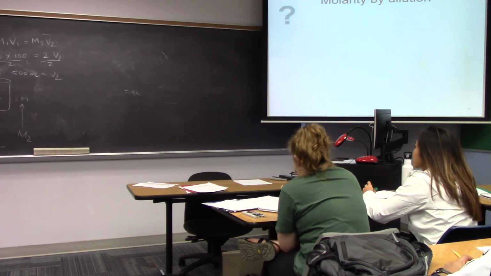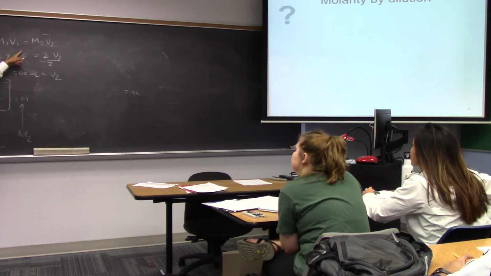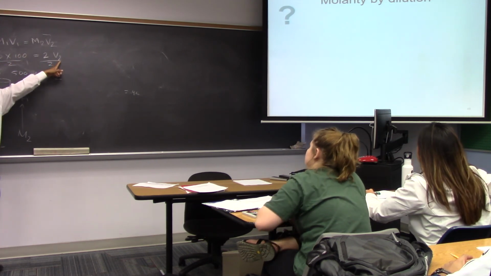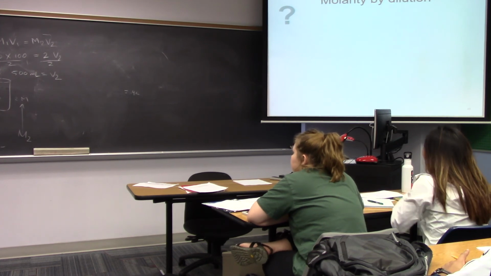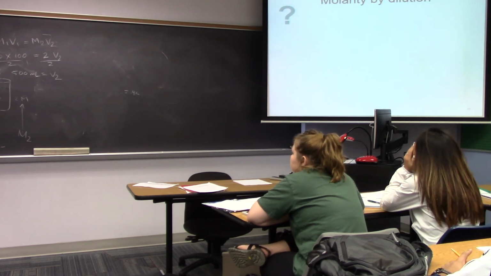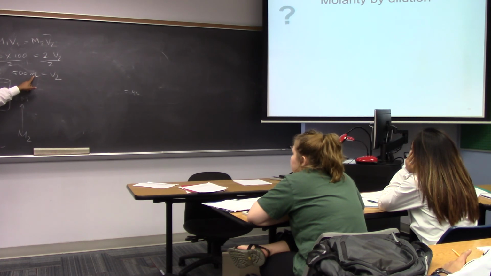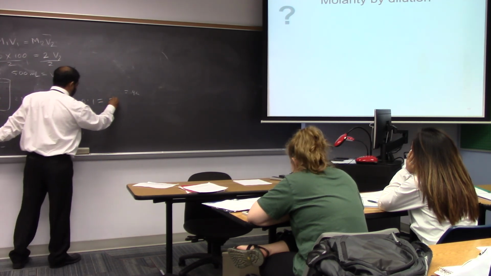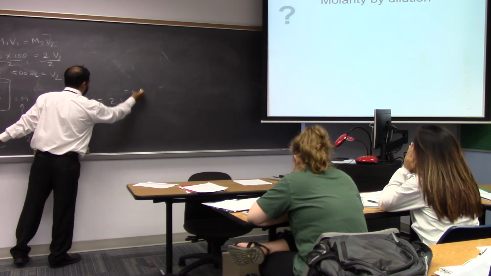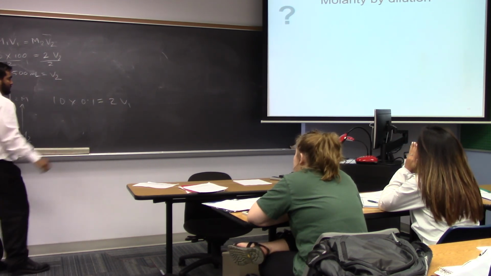If you use V1 in milliliters, you will get V2 in milliliters too. So you started with 100 milliliters of acid and ended up also with a milliliter form. If you like to convert by dividing by 1000, that will be 0.1, right? So put it in here: 10 times 0.1 equals 2 times V2.